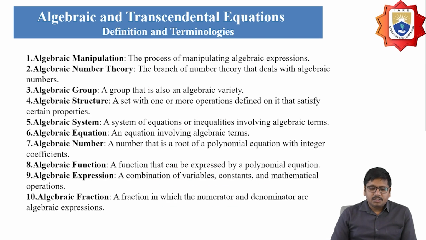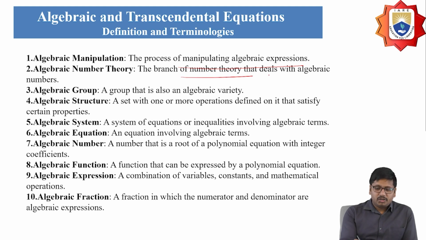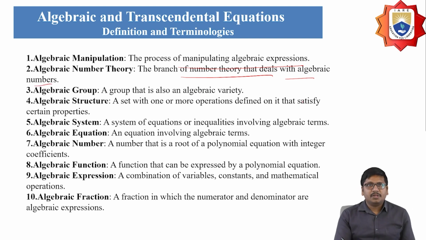Some more definitions: algebraic manipulation is the process of manipulating an algebraic expression. Algebraic number theory is a branch of number theory that deals with algebraic numbers. An algebraic group is a group that is also an algebraic variety.